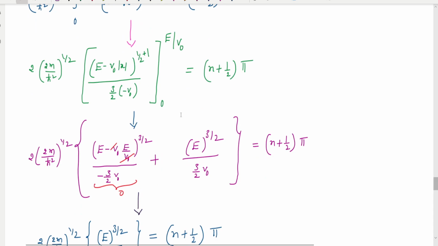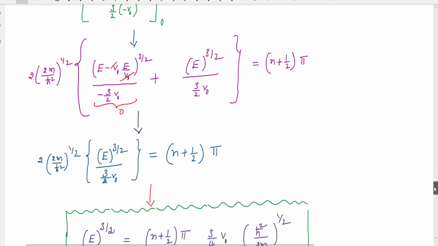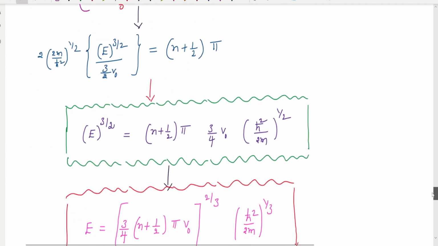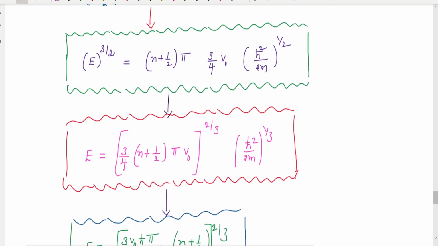After simplifying this first step, applying the boundary conditions and all these things, you will get simply this. Okay, this is the final answer. These three equations are very important.